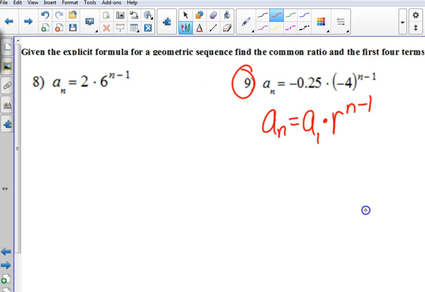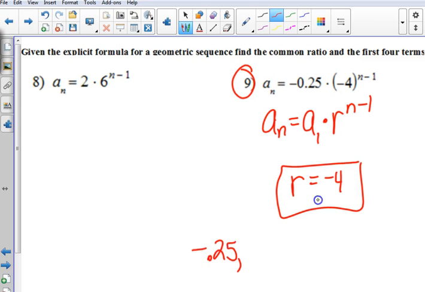Can you pick out the number that's the ratio? -4. Now it wants the first 4 terms. Yes, the first term is right here. The next term, if I multiply by -4, would be 1, then -4, then +16.